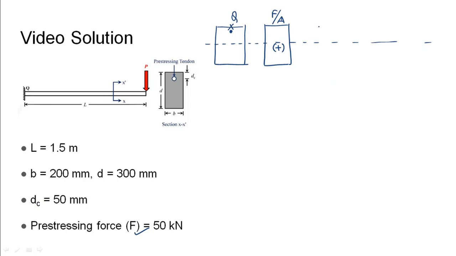The second component would be due to the eccentricity, that would be given as, it would be positive here and negative here, since here we are pre-stressing above the center line. In the example that was discussed before, we pre-stressed it below the center line, so the sign convention would change in this case.